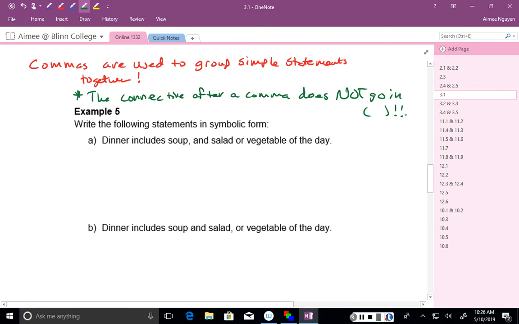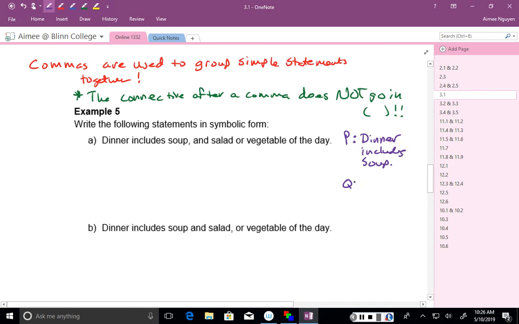If I want to write the following statements in symbolic form, dinner includes soup, and salad or veggie of the day, we need some simple statements. This time I've got 3: soup, salad, vegetable. So we're going to have a P, dinner includes soup.